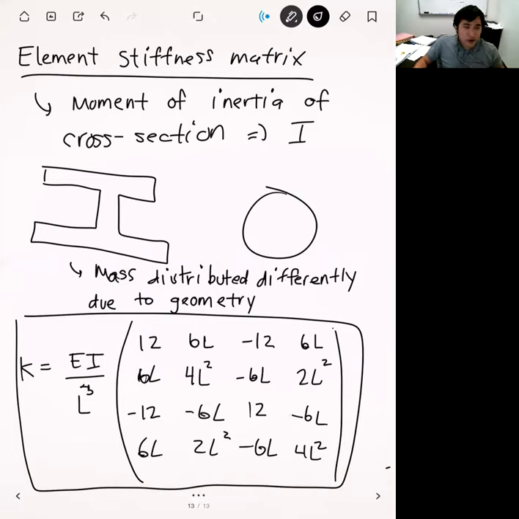The whole reason I'm having you go through this theoretical part of finite elements is to not think of finite elements as a black box where you just have to go through the motions. I don't want you to just go through the motions in this class.